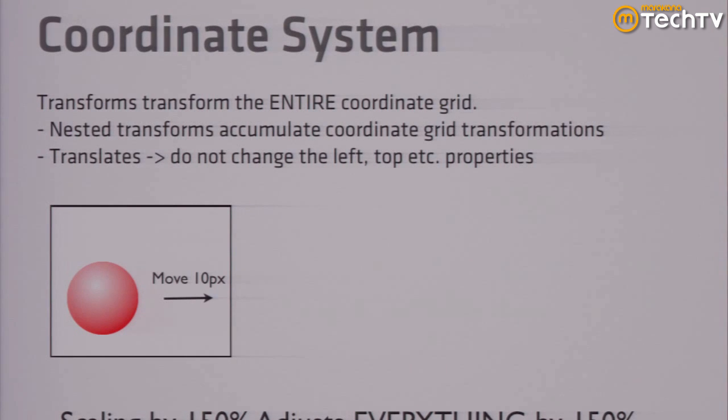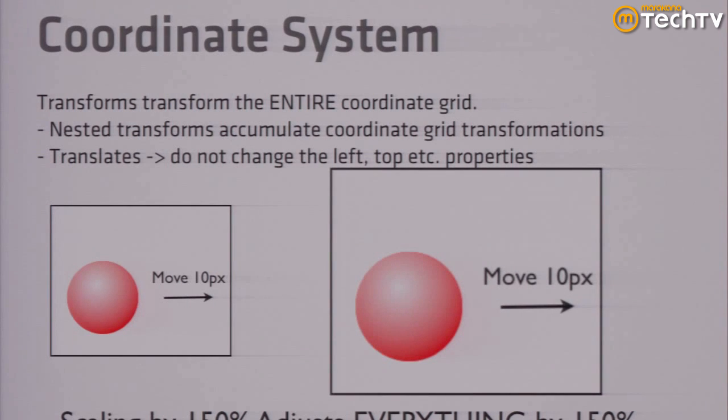I have a fiddle for that as well, but I think it's pretty self-explanatory. Now, what's really important to understand about transforms, and there's actually a bunch of things to understand, is that transforms transform the entire coordinate grid. So nested transforms, which you'll use a lot if you're doing a real animation scene rather than minor effects, accumulate. If you scale something by 150% and then want to move it by 10 pixels, it's not going to move by 10 pixels anymore.